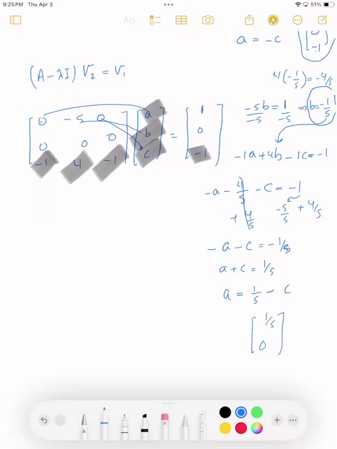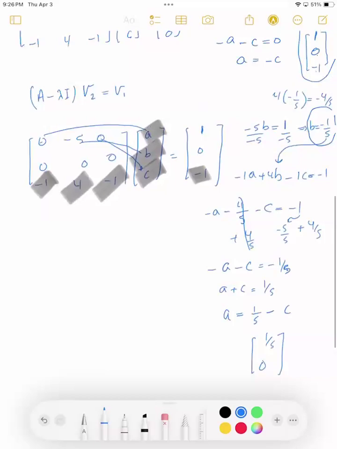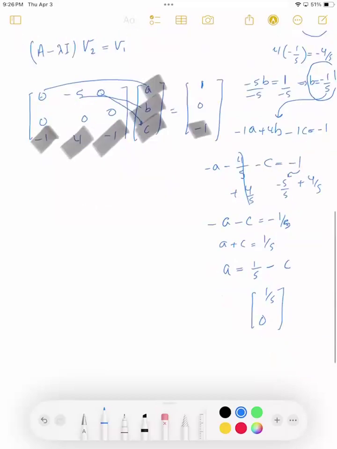So that's my other vector. I'm missing one element, sorry about that. So I have B is always minus 1/5. If C is equal to 0, A is positive 1/5.